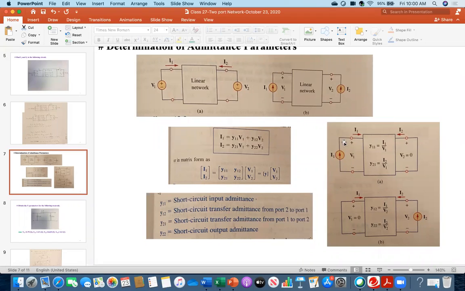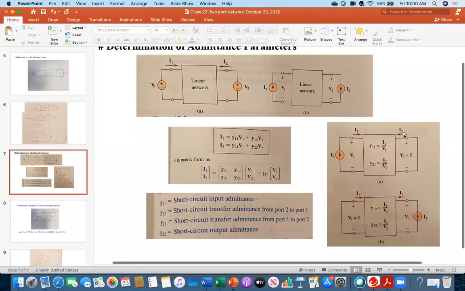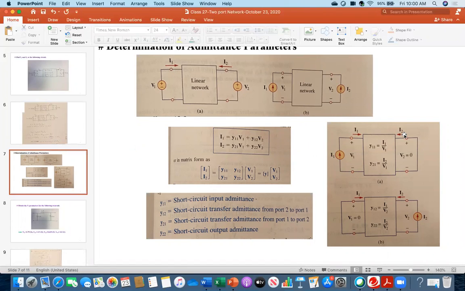But if you say this is the positive reference direction, then this is the opposite. So therefore for I2, you have to make a negative sign. The same thing for the bottom figure, when the second source I2 is present but you are calculating I1. For I1, you have to give a minus sign. That's why the minus is coming.